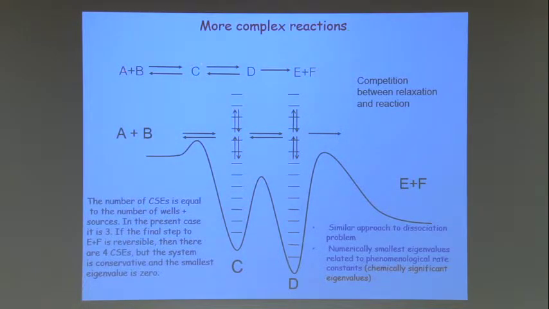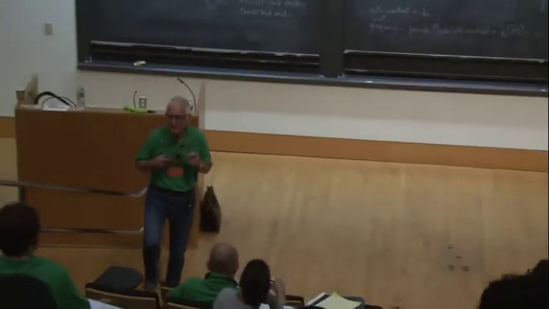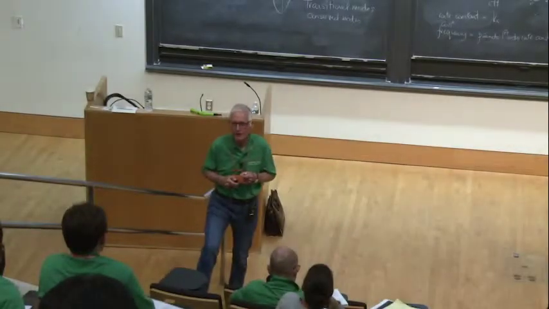So this is a source, and these are 2 wells. In the present case, it's 3. If the final step to E plus F is reversible, then there are 4 CSEs. So we'll be coming back from out here. So there'll be 2 sources and 2 wells, 4 CSEs, but the system would be conservative, would establish equilibrium in the long term, and so the smallest eigenvalue would again be 0.